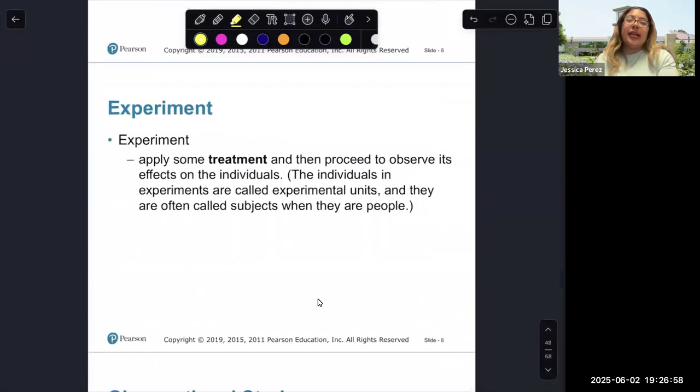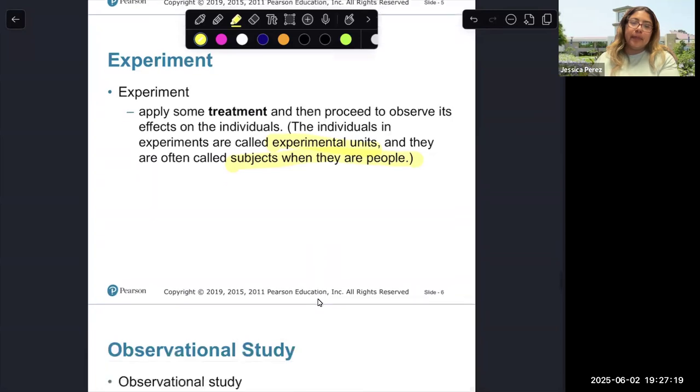The experiment is that we apply some treatment and then proceed to observe its effect on the individuals. The individuals in the experiments are called experimental units, and they are often called subjects when they are people. So subjects are people that are being treated in this experiment.